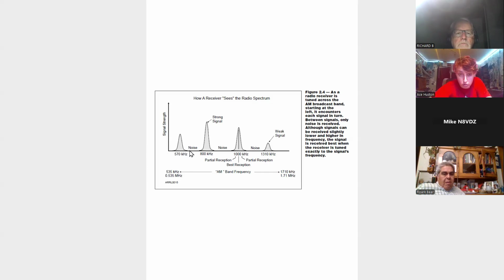There's a sort of peak and a little curve there. And amplitude modulation means that that uses the up and down, the power of the signal as it goes up and down. When you're attaching the voice to it, then that's what you get, the amplitude.